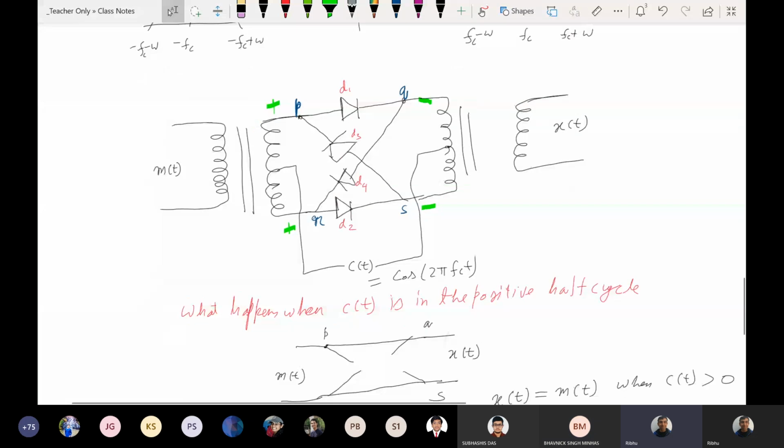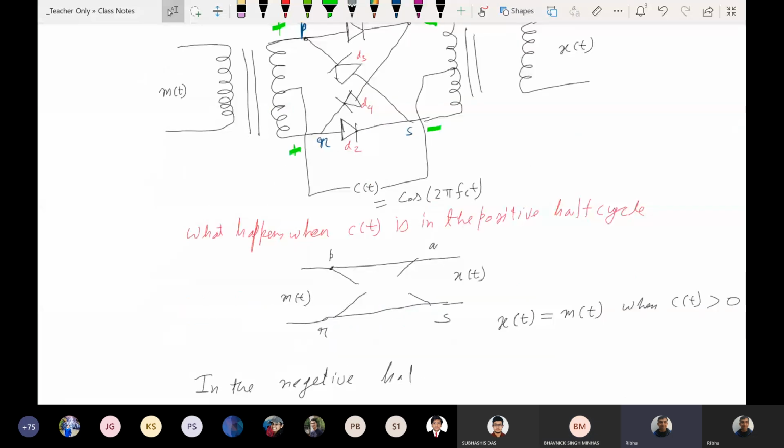So all of these are approximate circuits. Actually, what these basic discussions on AM and FM are building towards is the analysis of AM and FM in noise. These circuits are just to give you a bird's eye view of how things practically work.